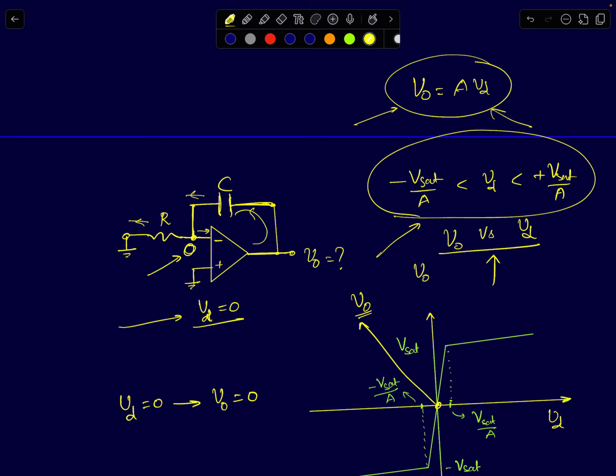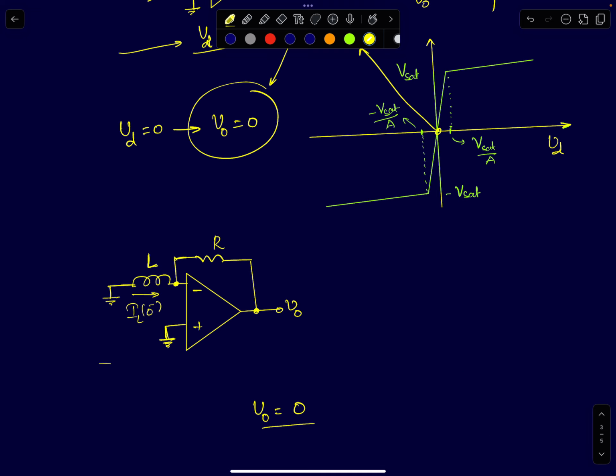So if Vd is 0, then V naught is also exactly equal to 0. So here I can clearly say V naught will be exactly equal to 0 for this circuit. There is no ambiguity here. The output voltage will exactly be equal to 0 volts.